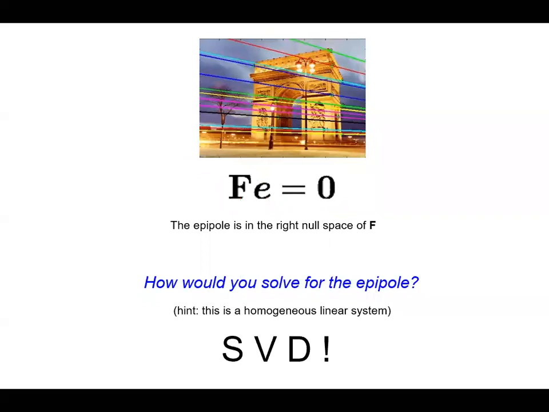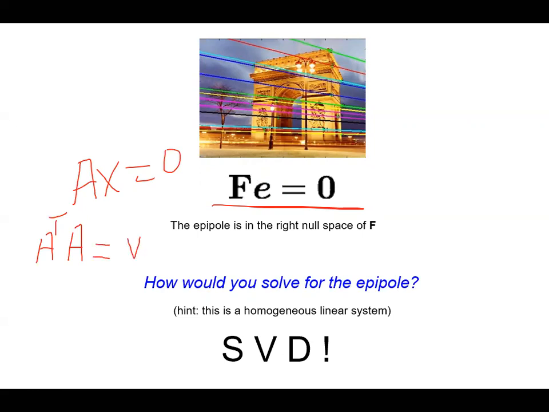We said that in order to solve something like A multiplied by x equal to 0, I will get A transpose A and then decompose it with eigenvalue decomposition. Then we take the eigenvector corresponding to the smallest eigenvalue.